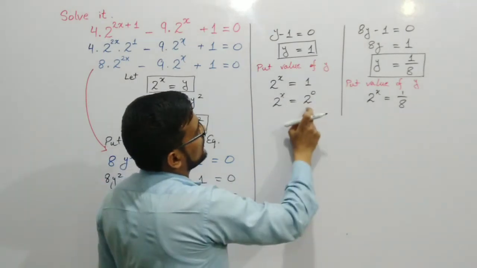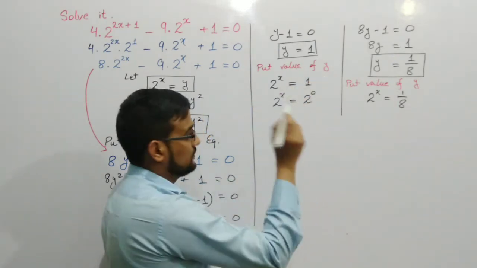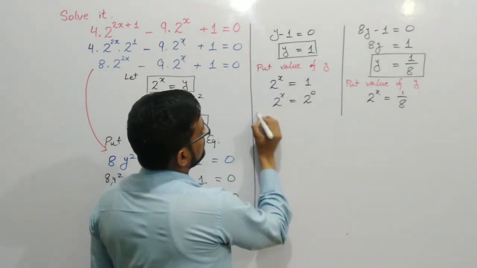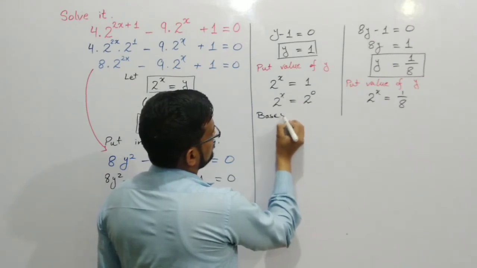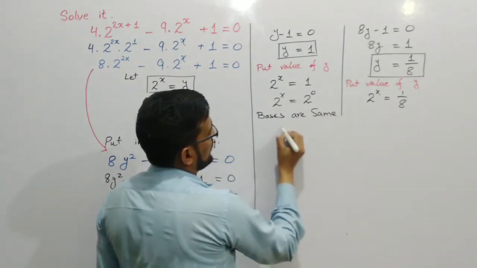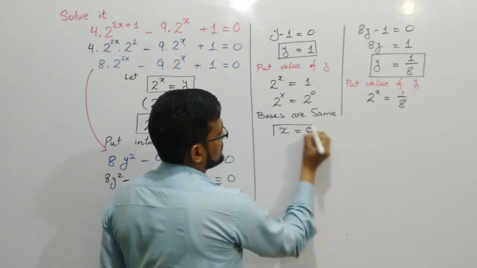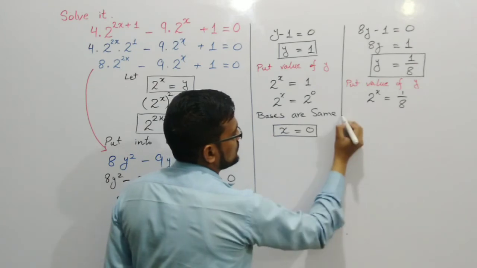So it becomes 2 raised to power 0, which means 1. Bases are the same, and it becomes x is equal to 0. The first result is x is equal to 0.